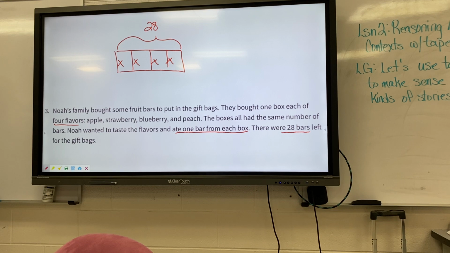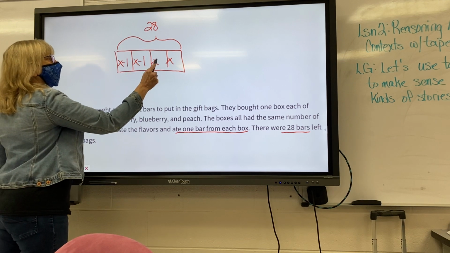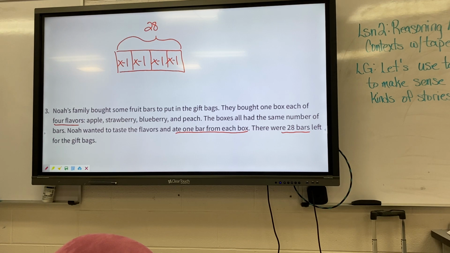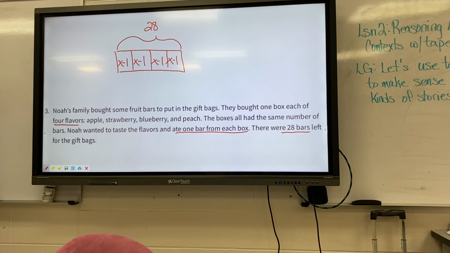He ate 1 from each different flavor. So would we say -1? Yeah. Would that make sense? Okay, if we think of this as the 4 boxes, and after he ate one, there were 28 left total. Okay, did we understand how we drew the picture?